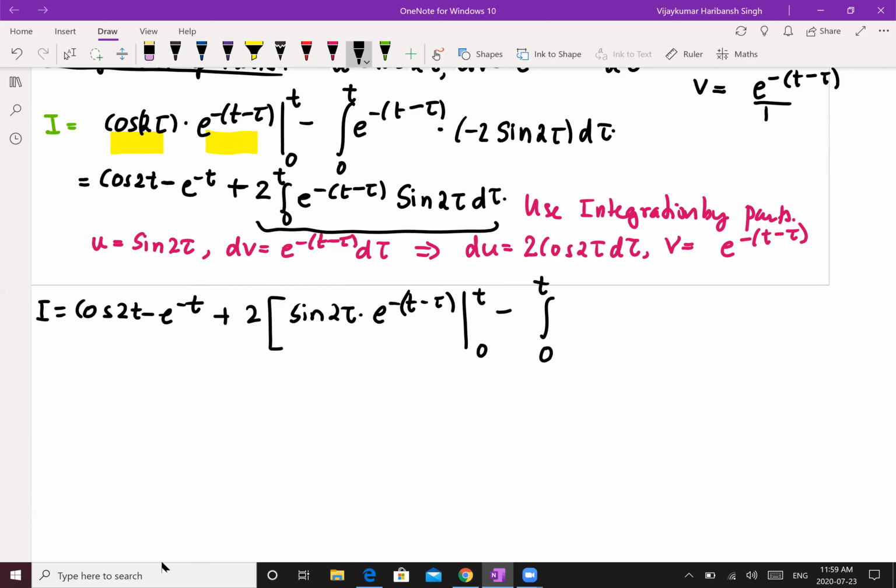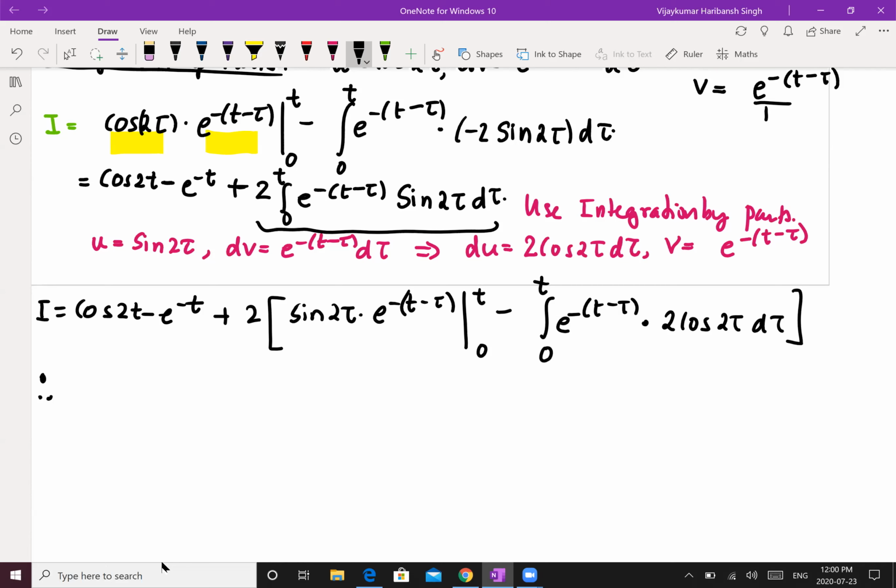We get uv minus v du, so u is 2 cos 2 tau d tau, and this whole thing is multiplied by 2.